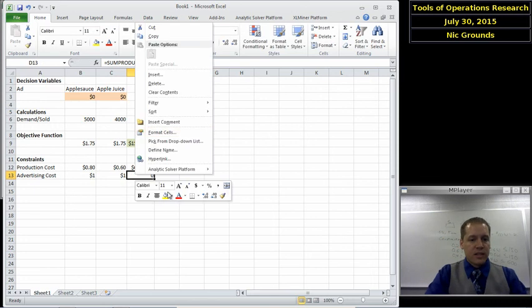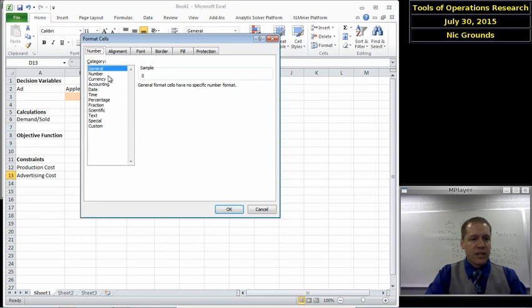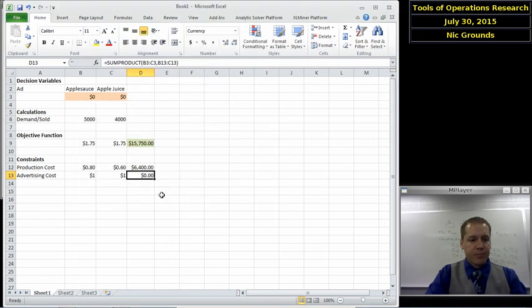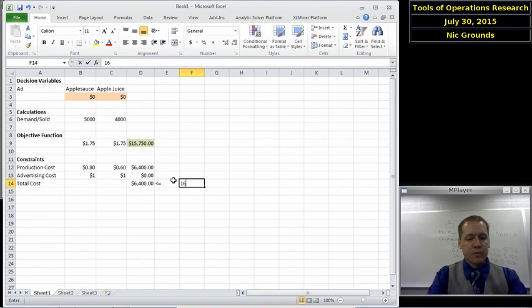So that tells us number of dollars spent in advertising. And then total cost is just the production cost plus the advertising cost. And that value is the one we want to limit to be $16,000 or less.